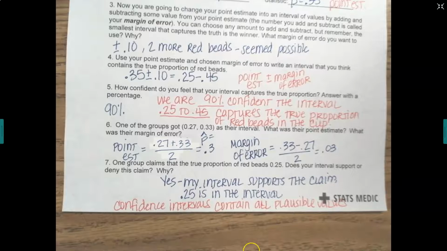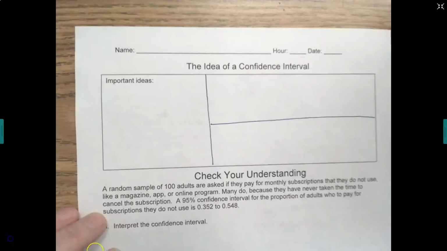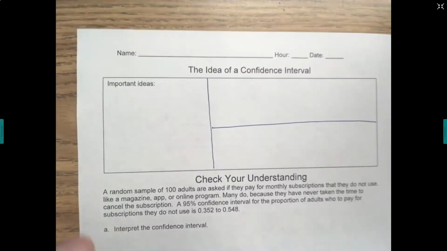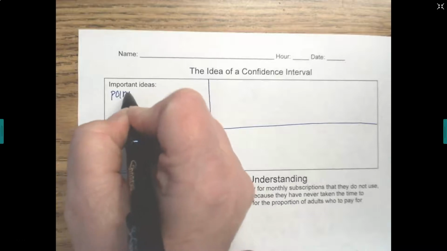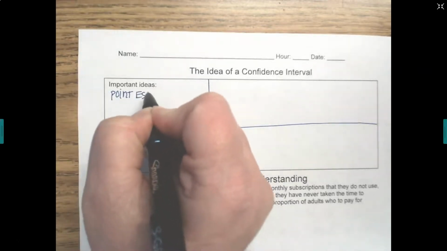So let's go ahead and flip this over to summarize. All right, there are 3 things that I want to tell you, and this should give you enough space to write. The first thing is your point estimate.